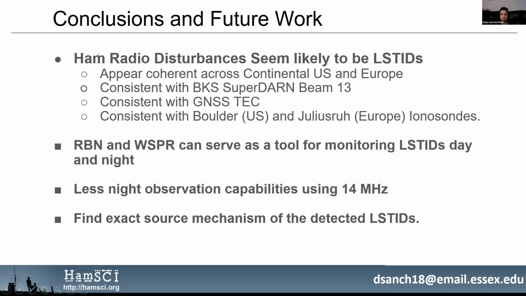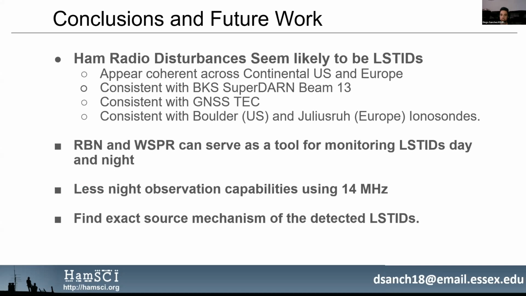So basically finding that ham radio data are very coherent across the continental US and Europe, where the majority of our spots are. Very consistent with SuperDARN, GNSS, the TEC data, as well as the Boulder and Juliusruh Ionosonde data.